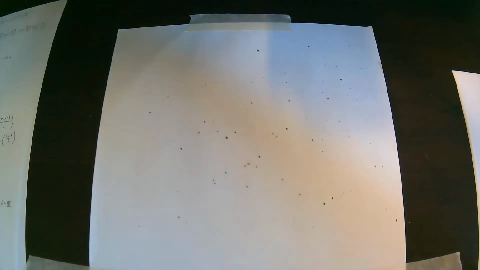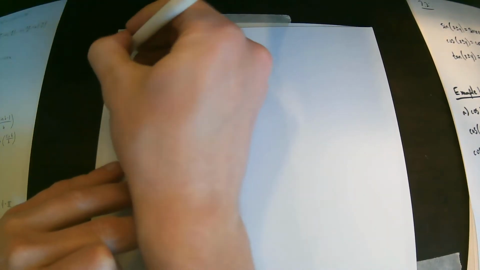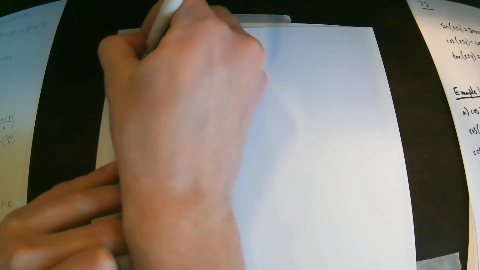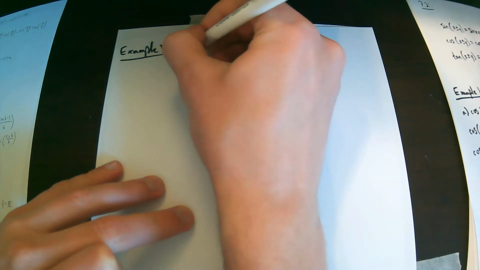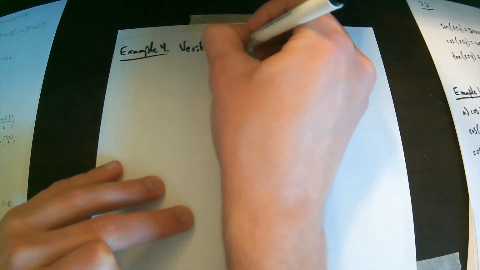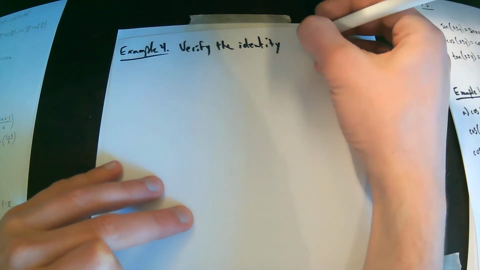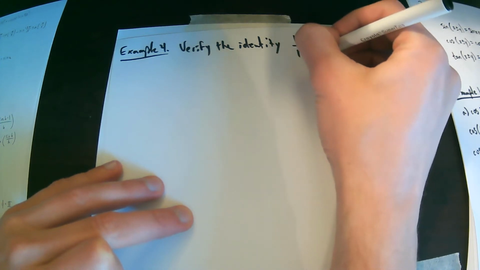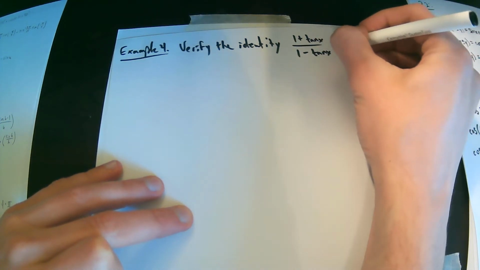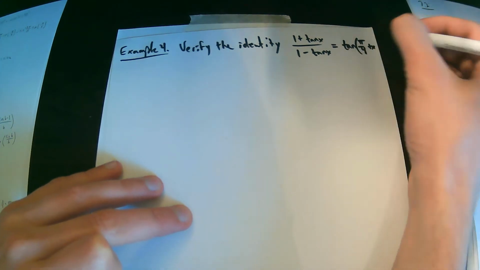Example 4 is another identity, just a different kind of identity. So we want to verify the identity of 1 plus tangent x over 1 minus tangent of x is equal to tangent of pi over 4 plus x.